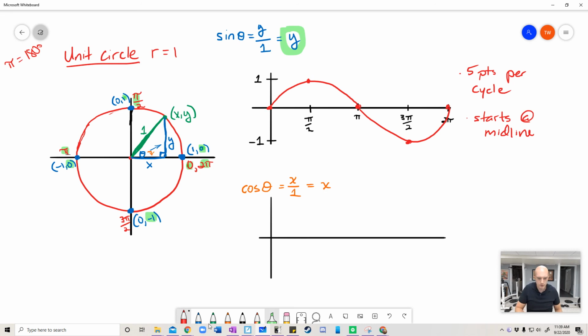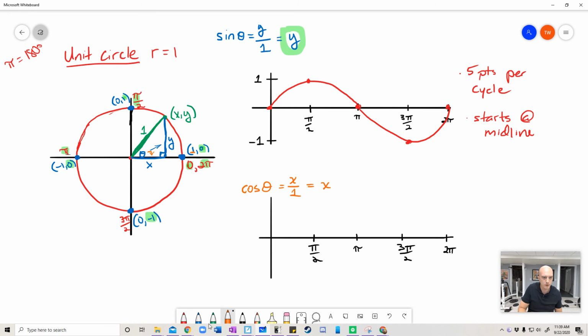Now, if we go through and do the same process for the cosine, I'm just going to do the same exact thing, except I'm going to be graphing the x-coordinate as we go through a full rotation. So I'm just going to graph the same angles because those are the easiest to determine the x and y coordinates of. Now I'm going to figure out what the x coordinate is.